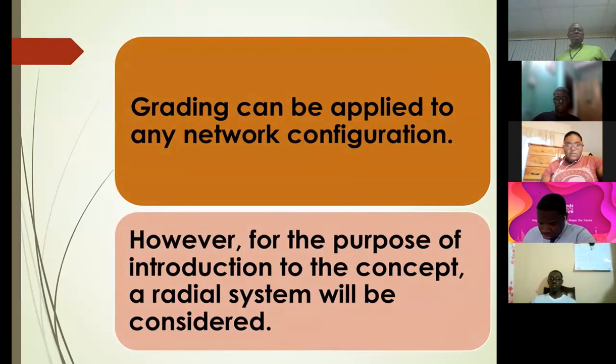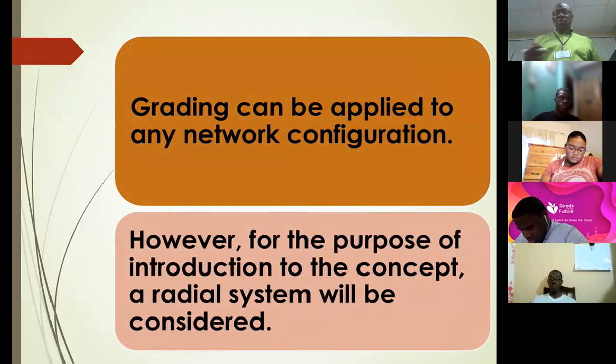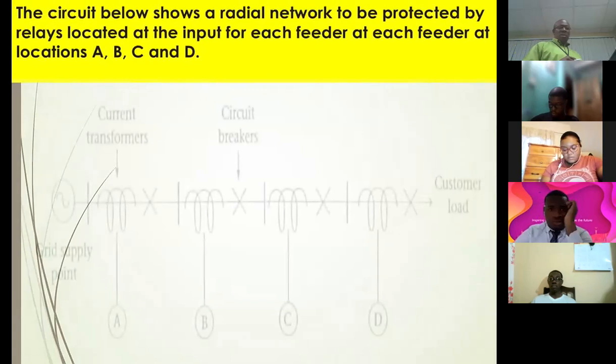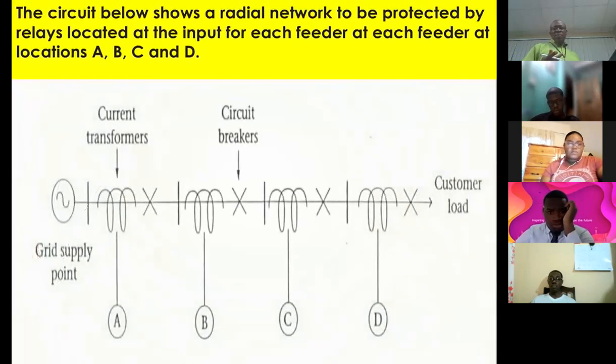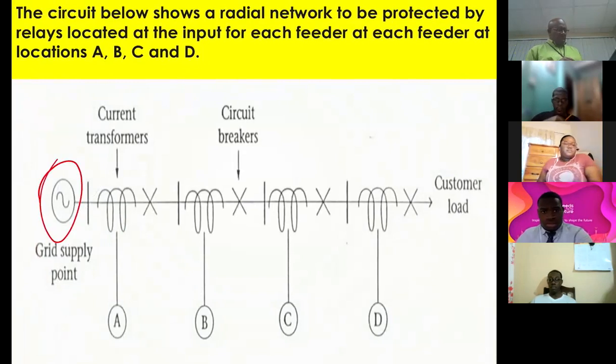When you reach utility, they will go through their steps in terms of grading. But for now, I'm going to just introduce you to a very simple radial system, in terms of the calculations. So here's the system. It's not clearly shown, but you have a grid supply point, and that grid supply point is not necessarily a generator.